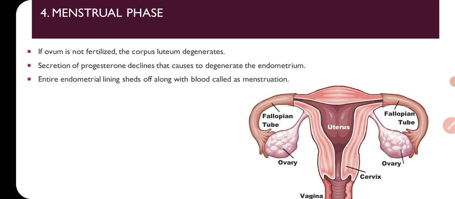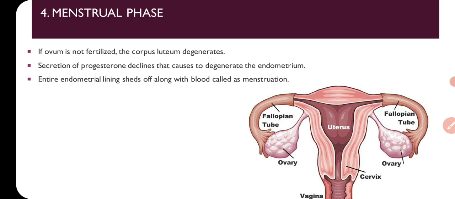If there is no fertilization, the corpus luteum of the ovary degenerates, and as it degenerates, progesterone, the pregnancy hormone, also declines. As progesterone declines, the endometrial wall of the uterus also degenerates, because embryo implantation did not take place. The entire endometrial lining sheds off along with the blood, called menstruation. This happens because implantation doesn't take place, as fertilization did not happen.